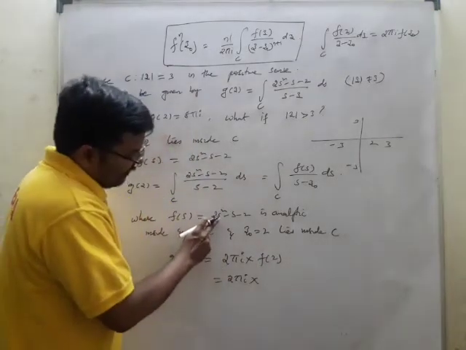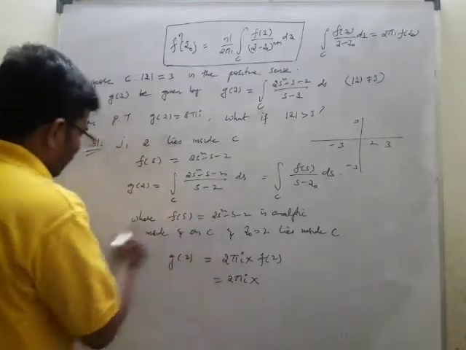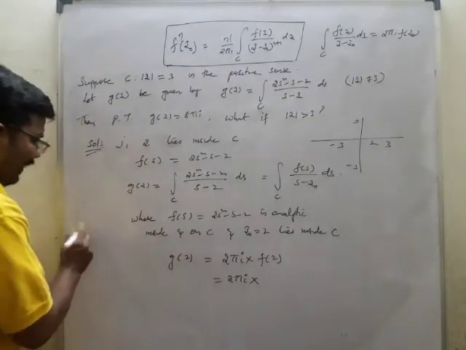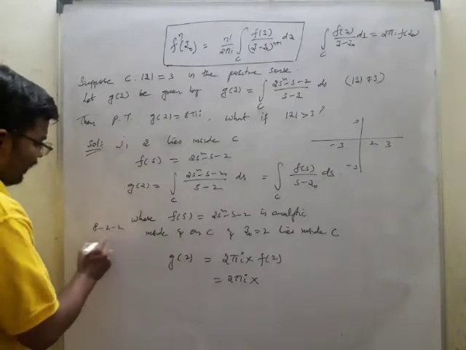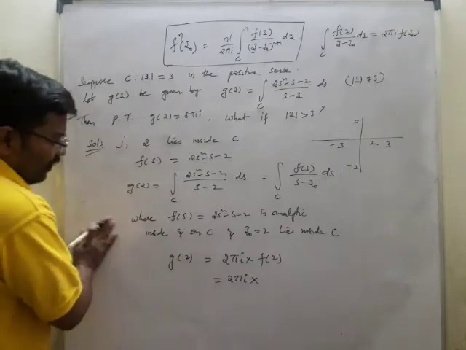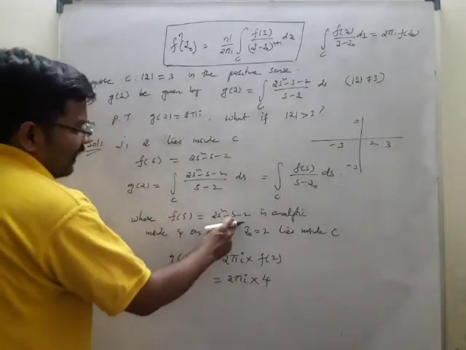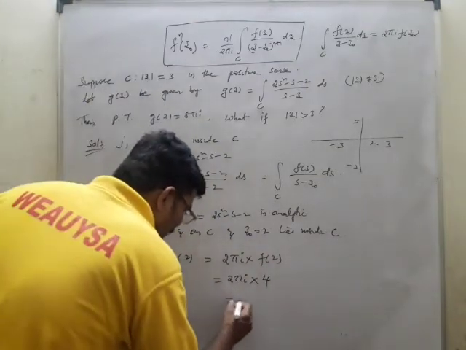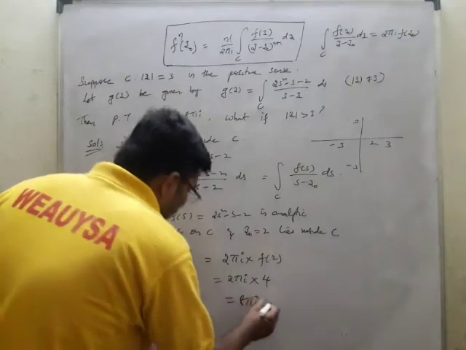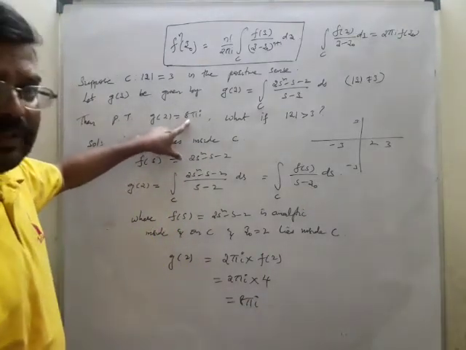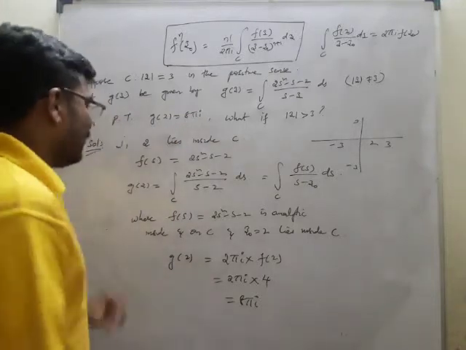If you substitute 2 wherever s is there, 2 square is 4, into 2 is 8, minus 2, minus 2, you will get 4. So f of 2 is 4, and this is 8 pi I. Now g of 2 you got as 8 pi I, which is what we had to prove.